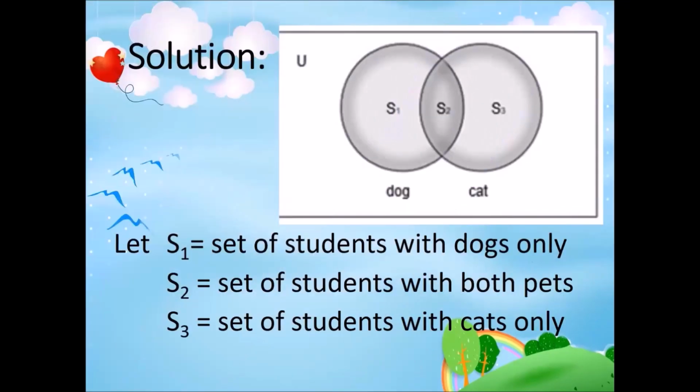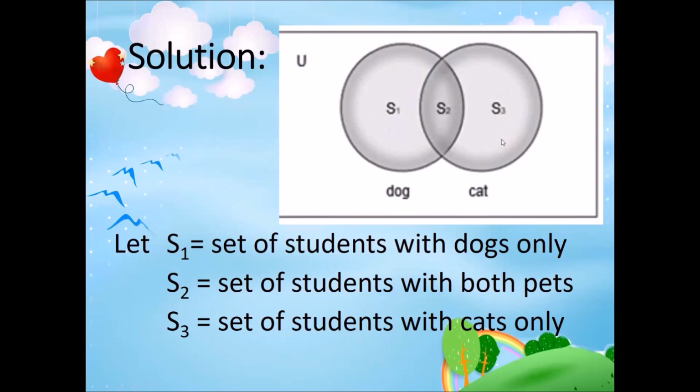So first, before that, we need to write what are the given. Let S sub 1 be the set of students with dogs only. S sub 2 is the set of students with both pets. And S sub 3 is the set of students with cats only.